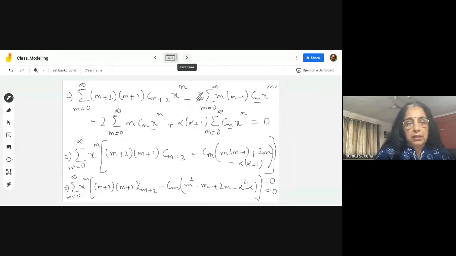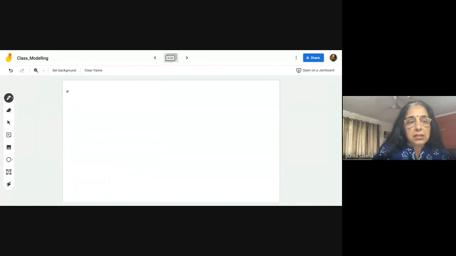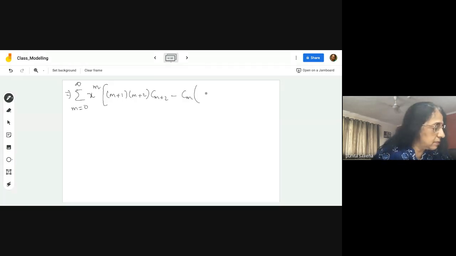Okay, so that means now I have m from 0 to infinity, again xm common. I have m plus 1, m plus 2, cm plus 2 minus cm. Now just look at these terms.